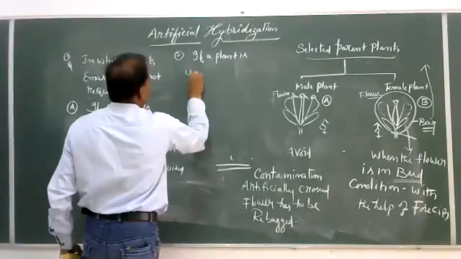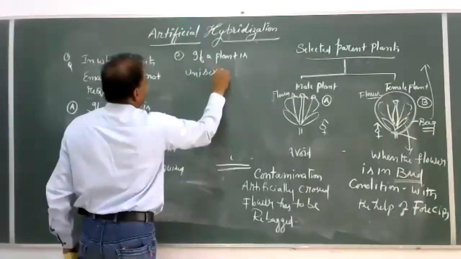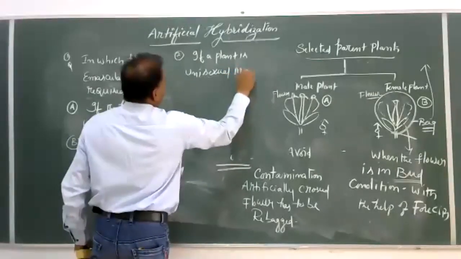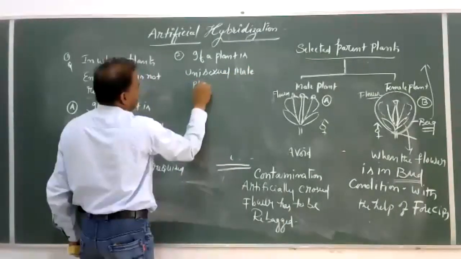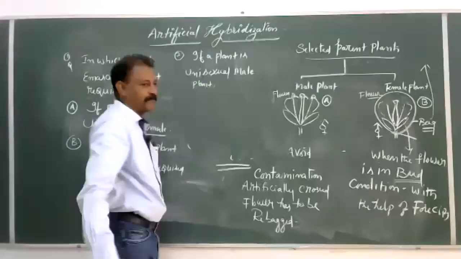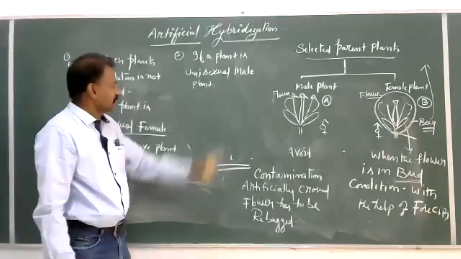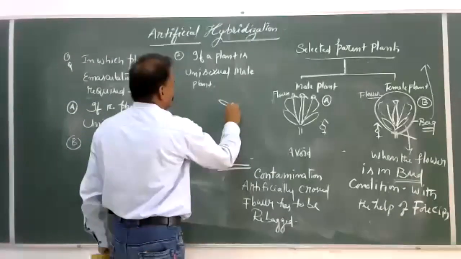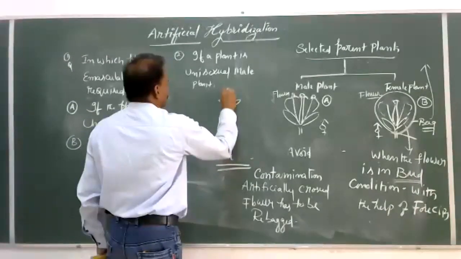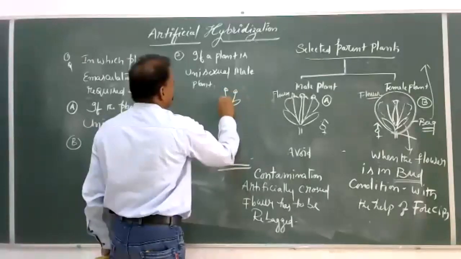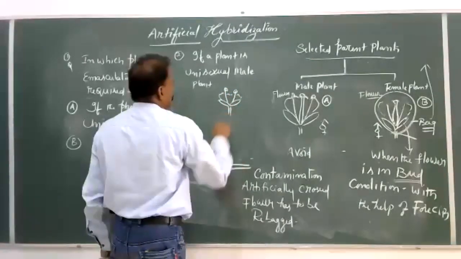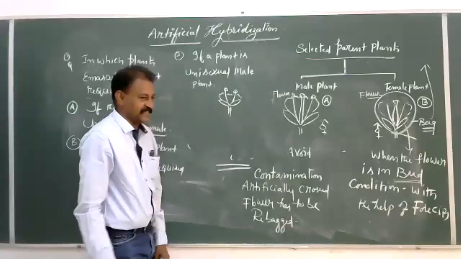For example, this is a unisexual male plant having only stamens.